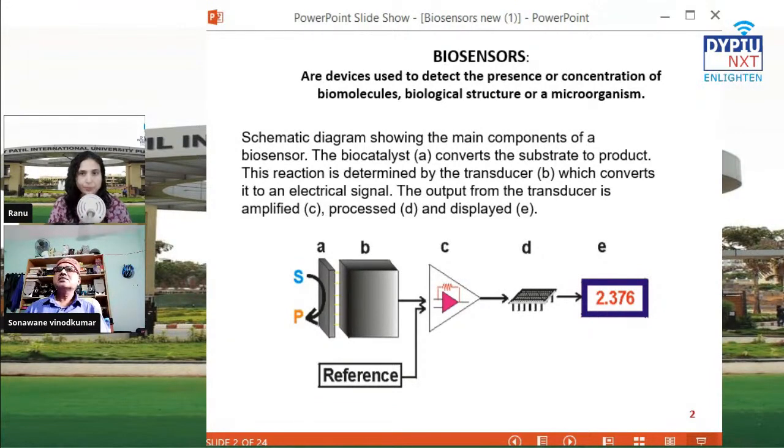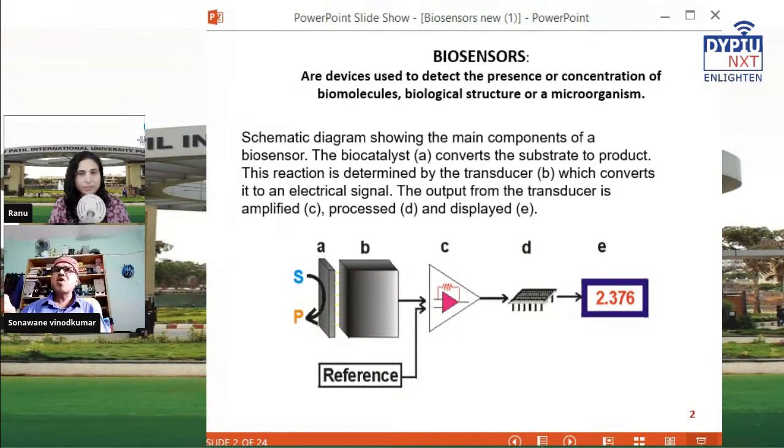In this slide, we will see that part A acts as a biocatalyst, and part B is a transducer. The transducer is the major thing which converts some kind of analysis into an electrical signal, and then the whole output is processed further.